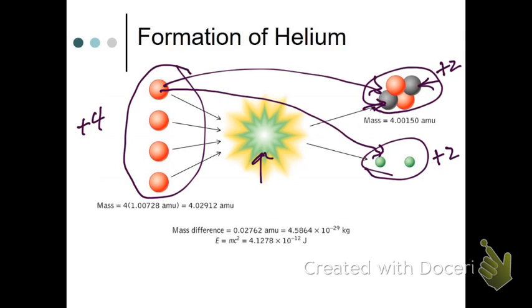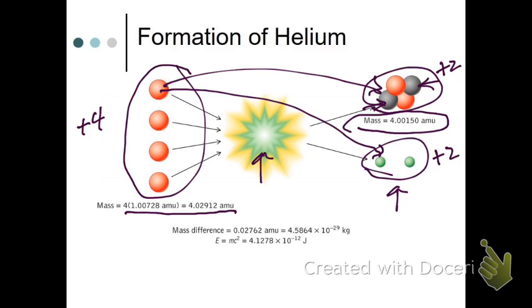If we compare the masses, the 4 proton masses are indicated here, and the mass of the helium nucleus is indicated here. Of course, positrons having the same mass as electrons are insignificant mass-wise relative to the masses of the protons and the helium nucleus. Much, much smaller mass.